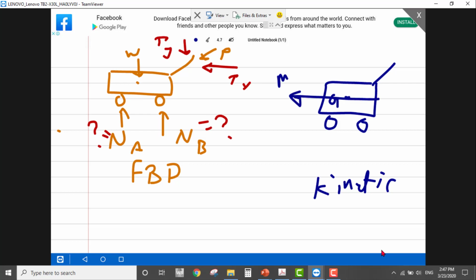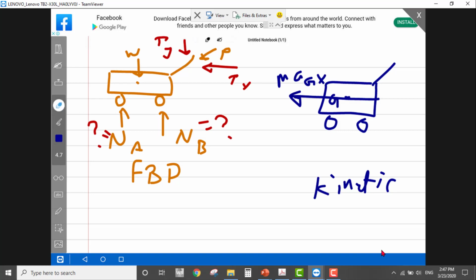So this is m a_G in the x direction. Do you have any other kinetic? Do you have rotation? Nothing. Just translation of the centroid. The centroid will not do any rotation. So now we can start with the equation of motion.